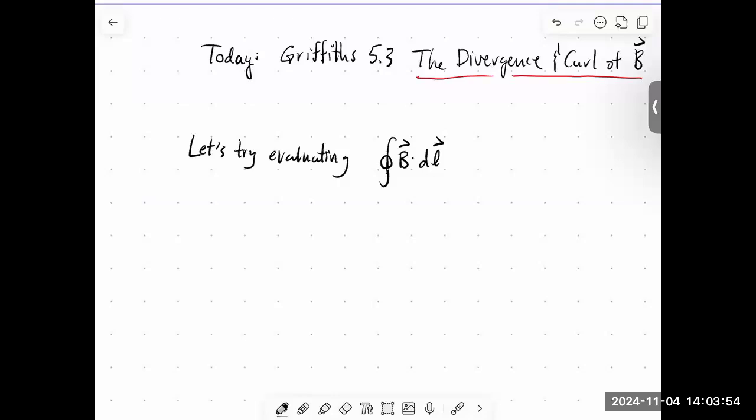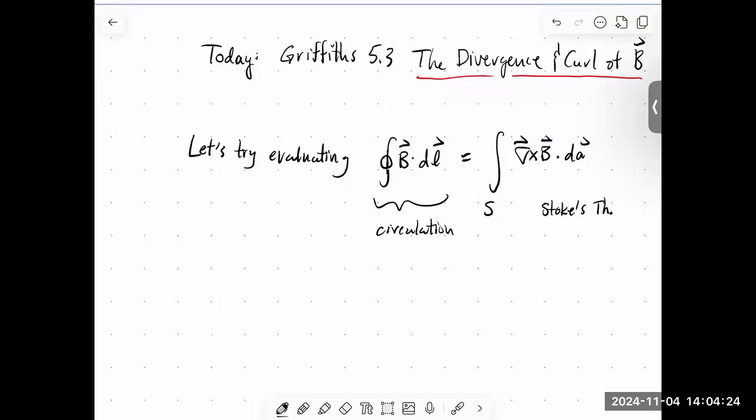We can use Stokes' theorem. This is going to be equal to the integral of the curl of B dot dA over some surface S. Okay, so we're going to evaluate this integral, which is called the circulation, and we're going to relate it to the curl of B.